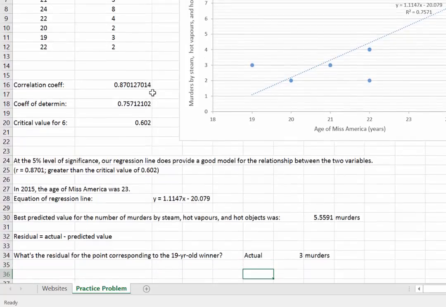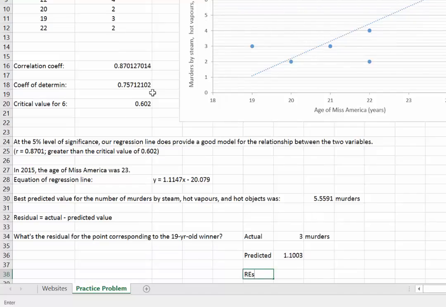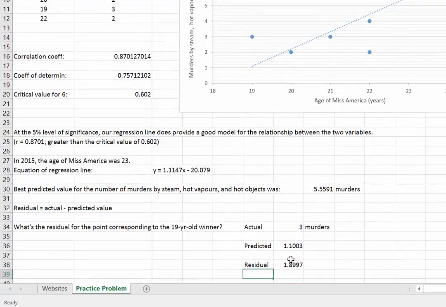And then the predicted is what we get when we use the equation of the regression line. So that is 1.1147 times, and here our x is 19, minus 20.079. And so the residual is actual minus predicted. And all the units are murders.